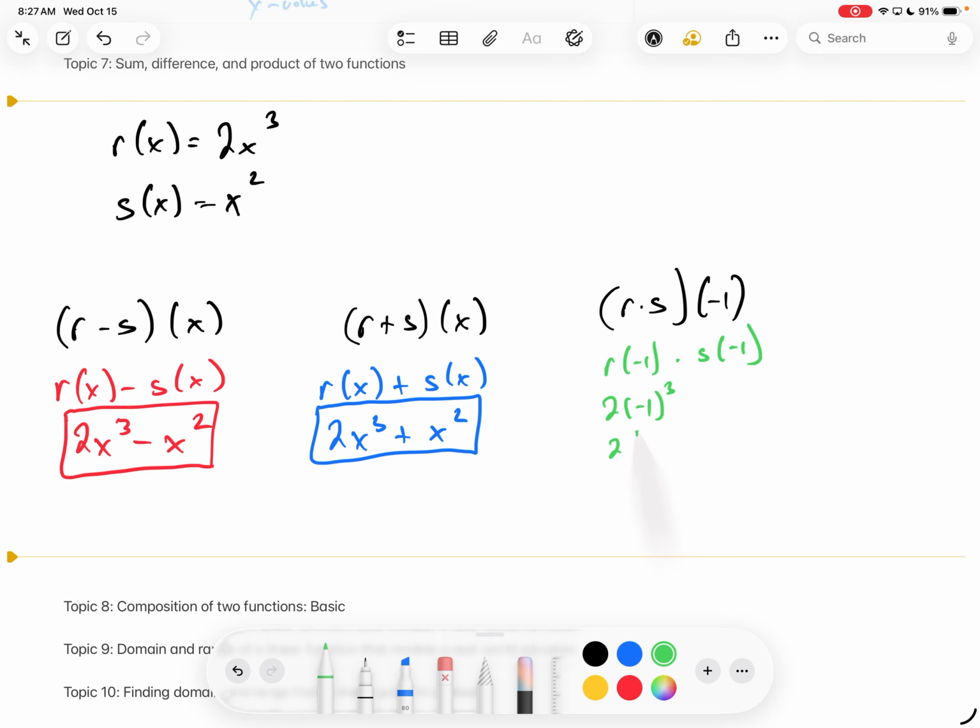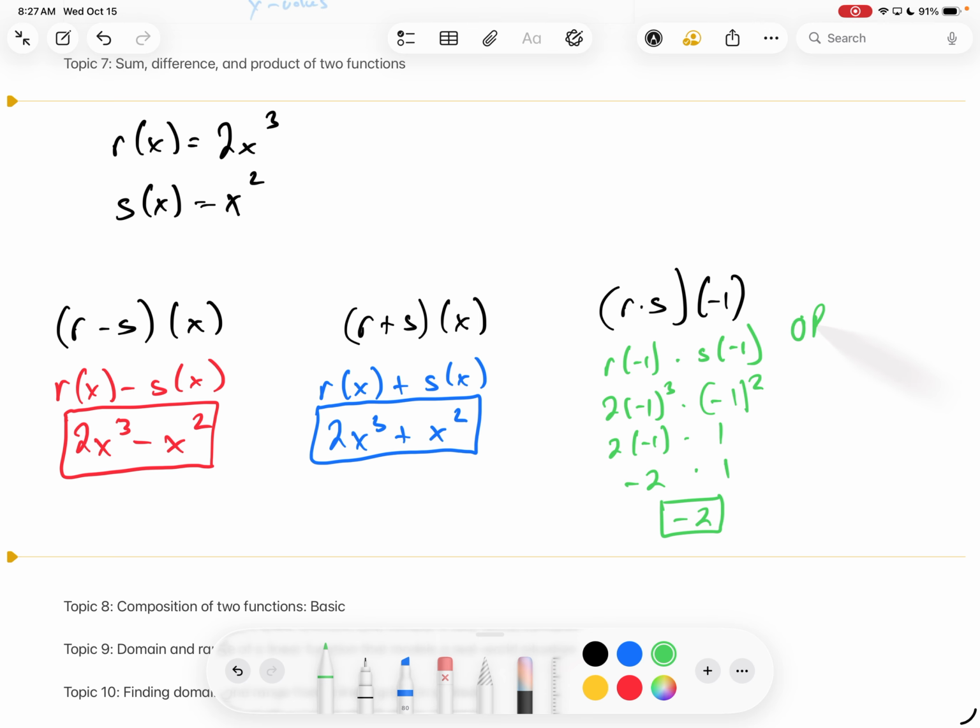So -1 cubed would be -1, times 2 would be -2. To find s of -1, you square it, so that'd be 1. So my answer here would be -2. So you plug a -1 into each of them, and then you multiply your answers.